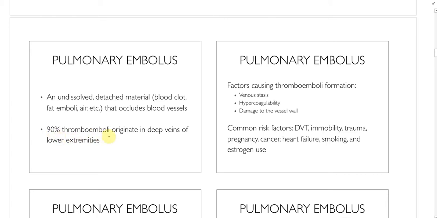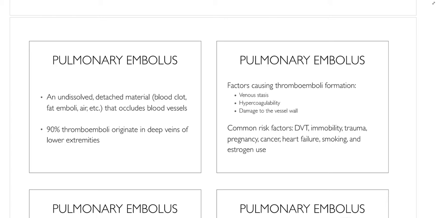90% of the thromboemboli originate in the deep veins of the lower extremities. So that's important to remember. Like DVTs, that's where we're going to get 90% of our thromboemboli originating from. So we have someone who is on a long plane ride, or they had a car ride, or perhaps they were lying in bed for too long without movement, without using proper equipment after surgery.